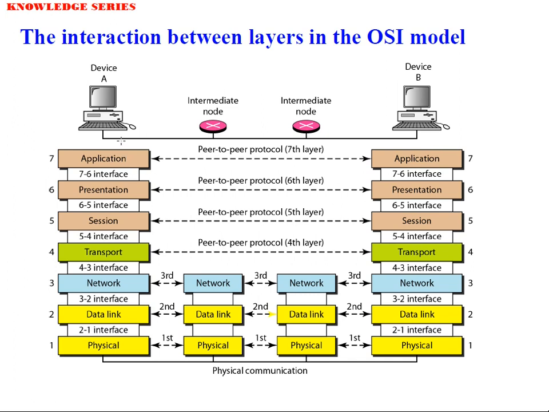Here it was encoded, and here it is decoded back. Here the header and trailer were added, and here they are removed in reverse. Thereby it reaches the destination. So device A is communicating with device B using all these layer structures.